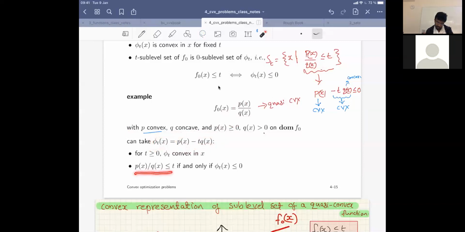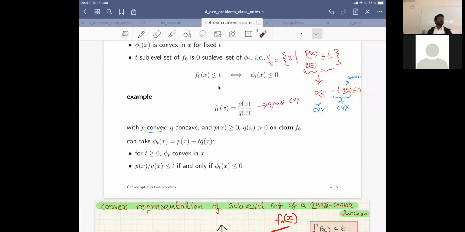If p by q is less than t, which implies phi_t is less than or equal to 0, that satisfies our constraint. Again, this is a convex function that we already proved. So we have a family of convex functions.